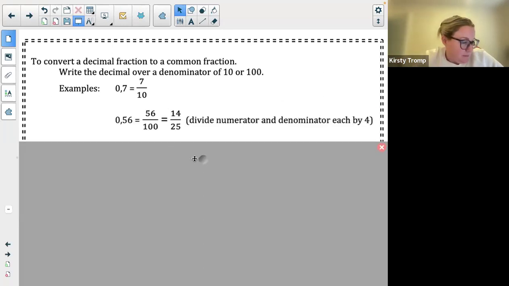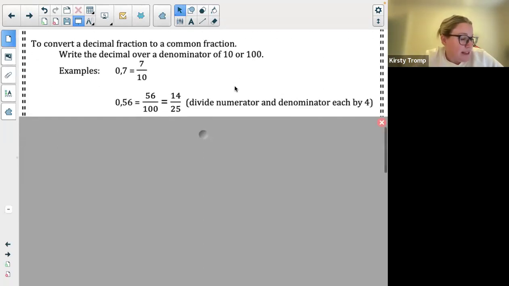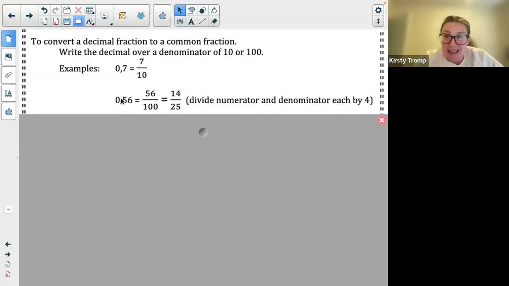If we look at 0.56, well, 0.56 is the same thing as saying 56 over 100. Now, in maths, when you have a fraction, you must always show it as the smallest fraction possible. So if we're looking at 56 over 100, what can go into 56 and can also go into 100?